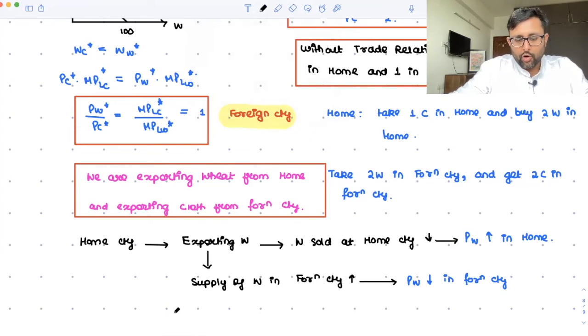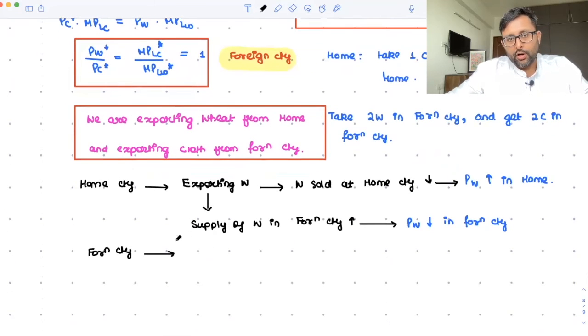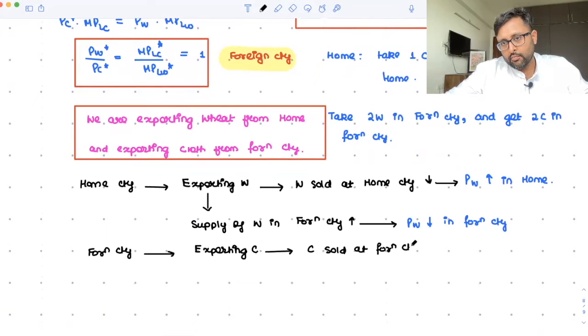Let's look at the cloth. For the foreign country, foreign country is exporting cloth. That is true. So the cloth sold at foreign country falls. That would mean there is a scarcity of cloth in the foreign market.